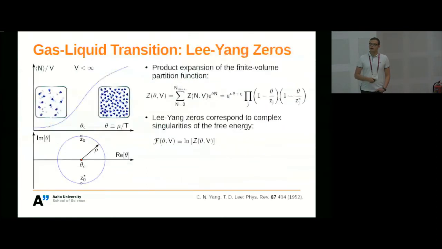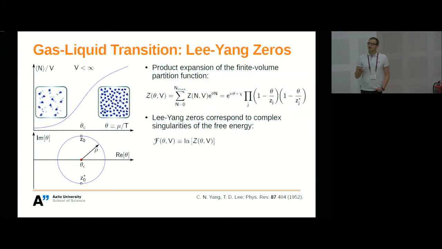Now, what is the idea of Yang zeros? Here we go. So we start now with a finite system, which means I keep the volume at some finite value. Then I can truncate the partition sum at some maximum value of n, because only a finite number of particles can be crammed into a finite volume due to repulsive interaction. So this object now with respect to theta is just a sum of exponentials, which is of course an analytic function.